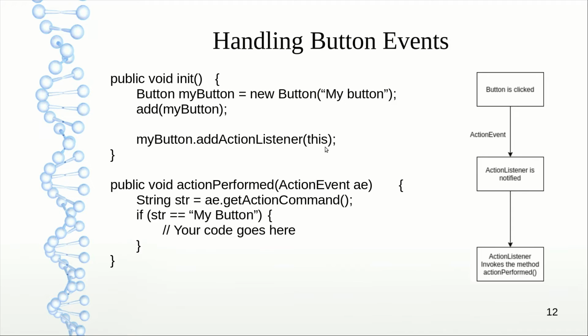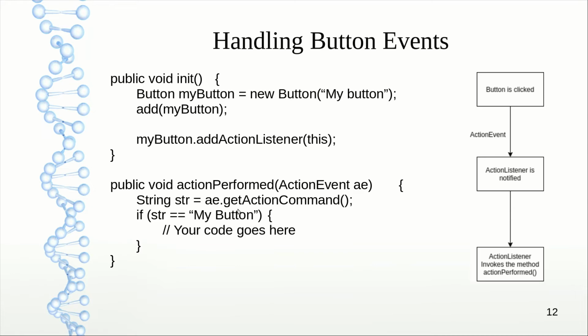So this means the present class itself has the action listener associated with this button. So the action listener class associated with the action event has a special method called actionPerformed, and this one receives an action event object as the parameter.